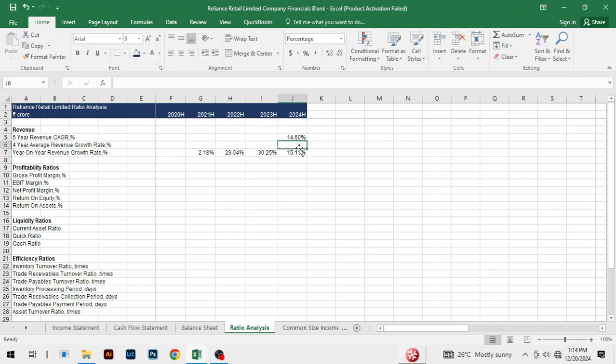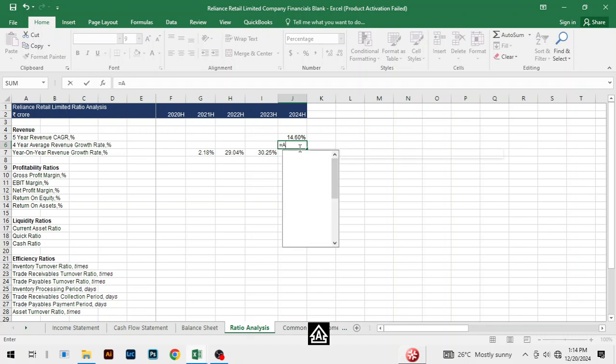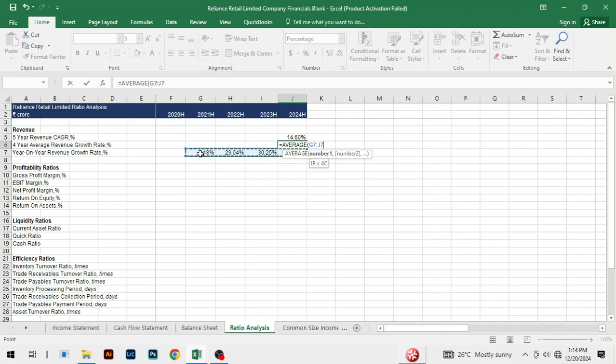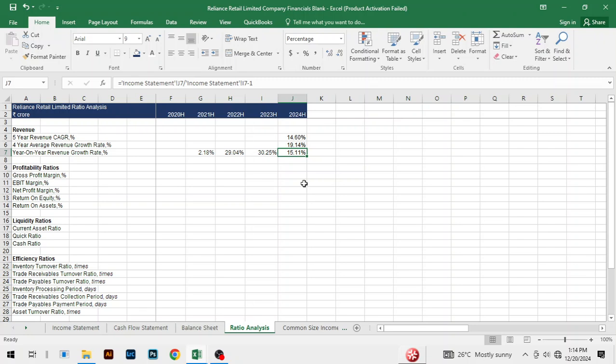And for the average here, we just use the average formula and take an average for the 4 years. So we get 19.14%. For the past 4 years, the average revenue growth rate stood at 19.14%. Now we are done with tracking revenue growth.